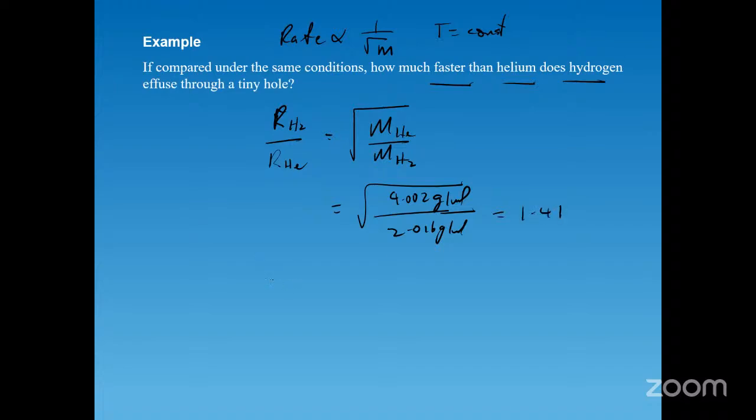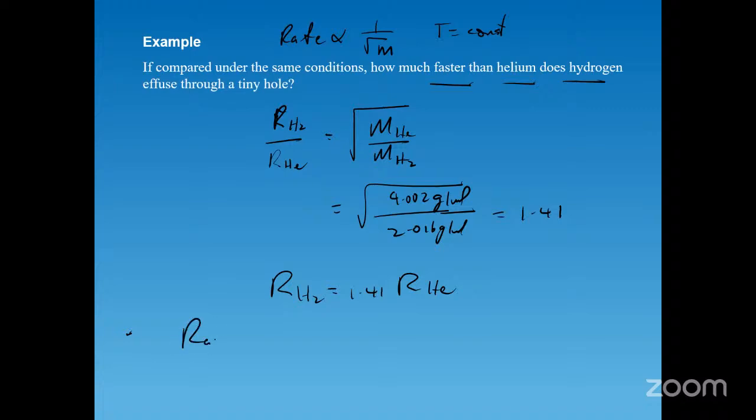So therefore, the rate of effusion of hydrogen would be equal to 1.41 times the rate of effusion of helium. So what this is telling us is that the rate of effusion of hydrogen is 1.41 times faster than that of helium. So let me just say that here.